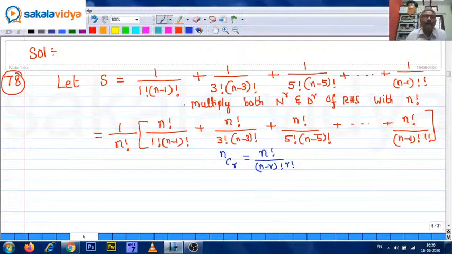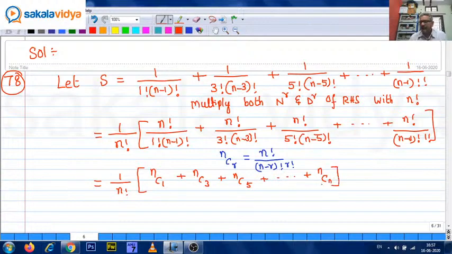So now we can write this is equal to 1 upon n factorial times nC1, see, nC1 means n factorial by n minus 1 factorial and 1 factorial, plus nC3, plus nC5, so on, plus nCn.